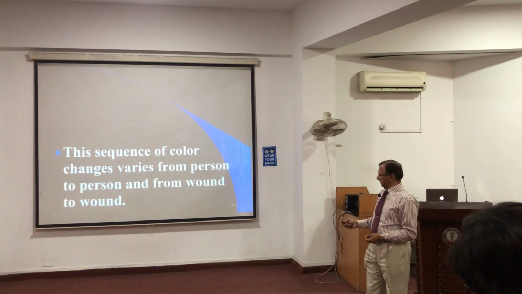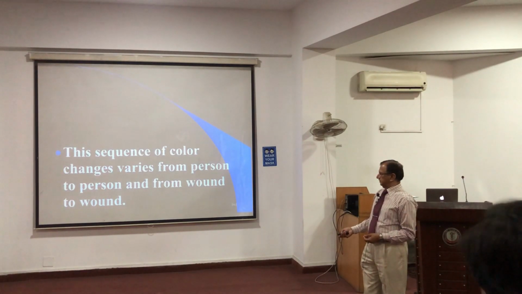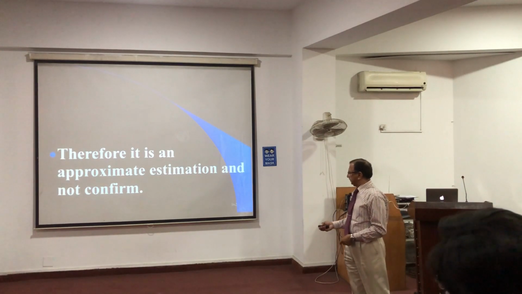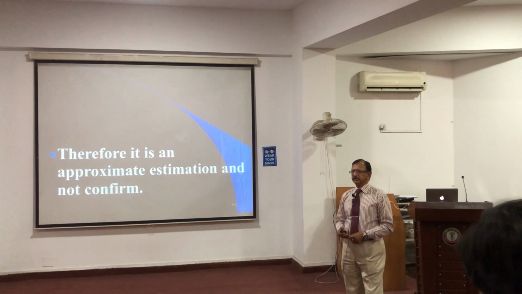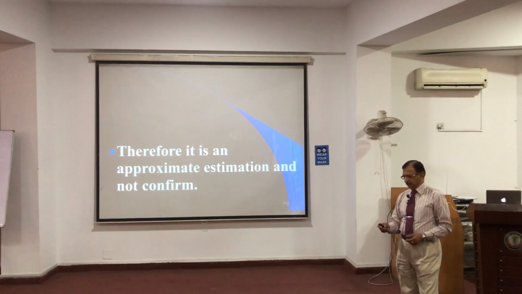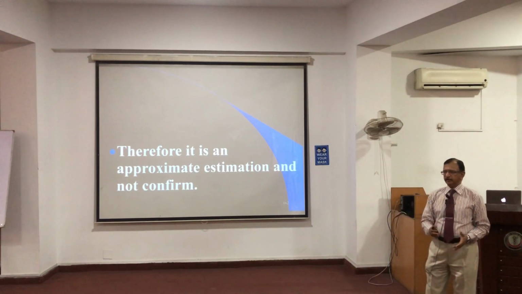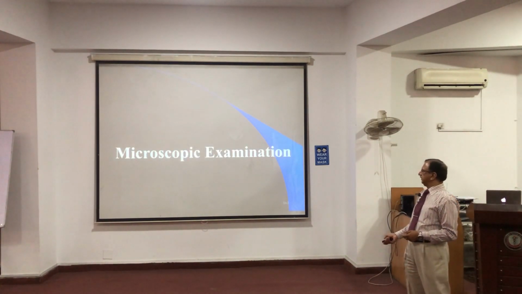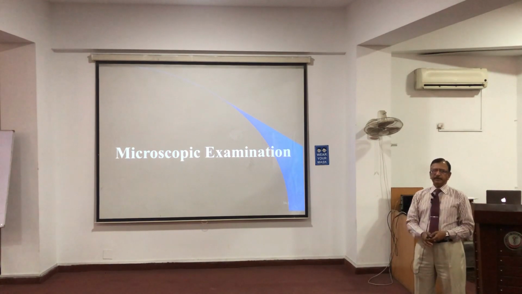So this sequence of color change can vary from person to person, from wound to wound. So actual estimation is difficult, but you can give a range, 5 to 7, 7 to 10, not exactly pinpoint. We can examine microscopically.